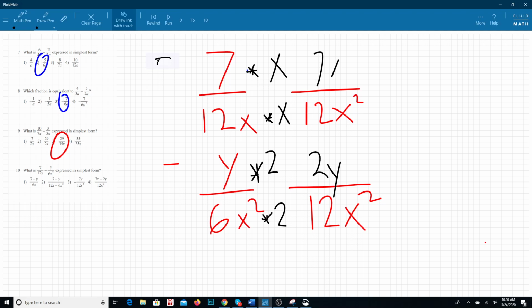It'll be 7x. So then I'm going to be left with an expression of 7x minus 2y over 12x squared. Or answer 4.